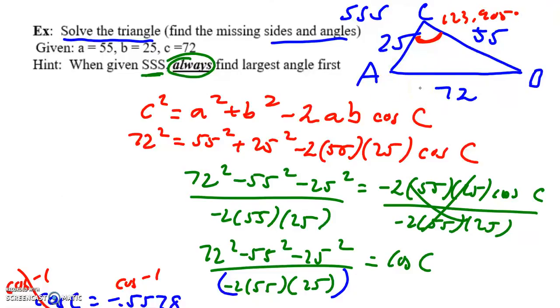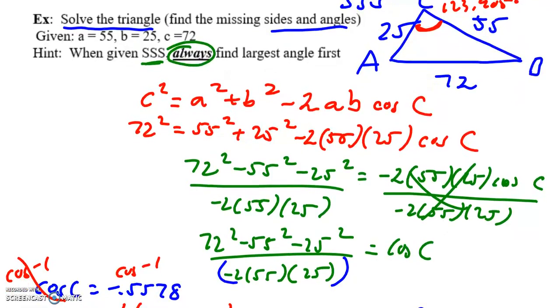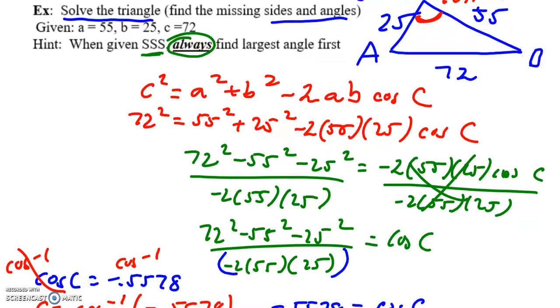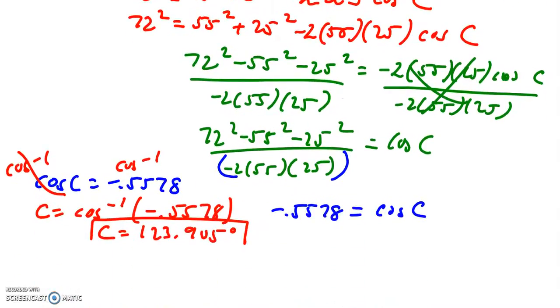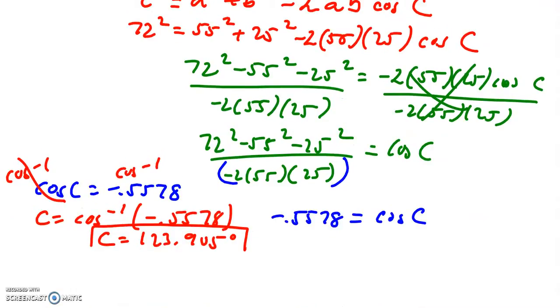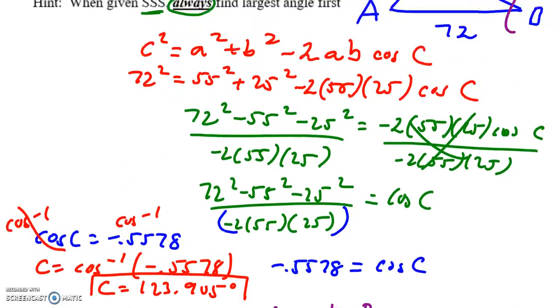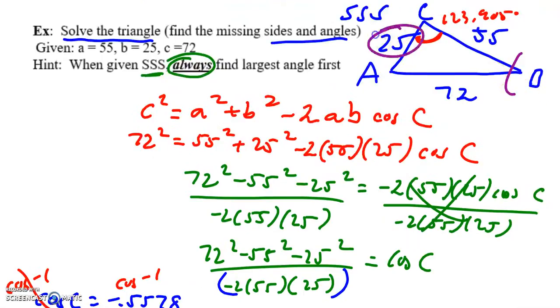So let's use the law of cosines again to find another angle. So this time, I'll do a different color. Let me pick purple. Let's find angle B. If I were going to find angle B, we need to use the law of cosines, but this time, the side across from it is 25.